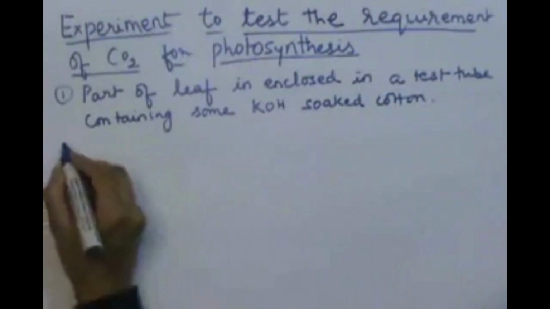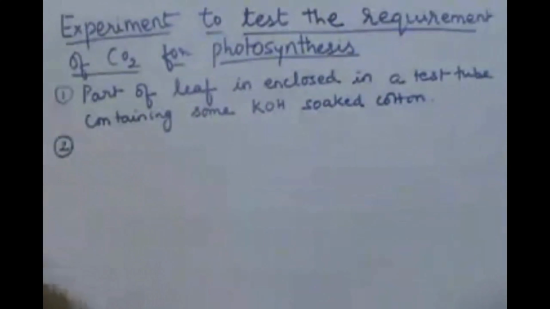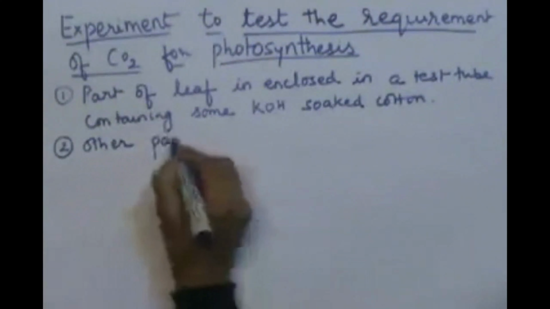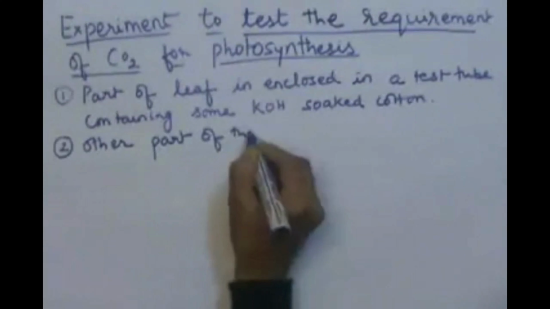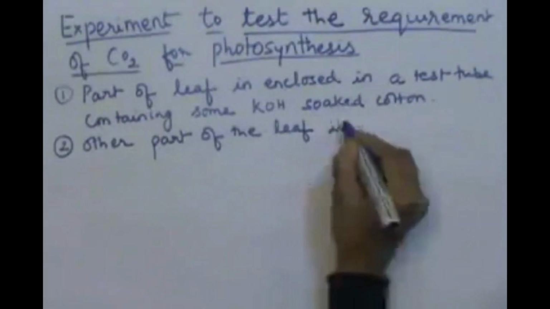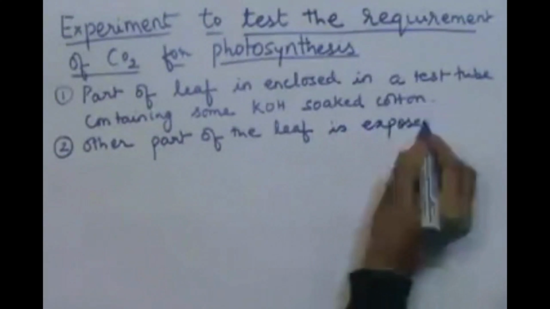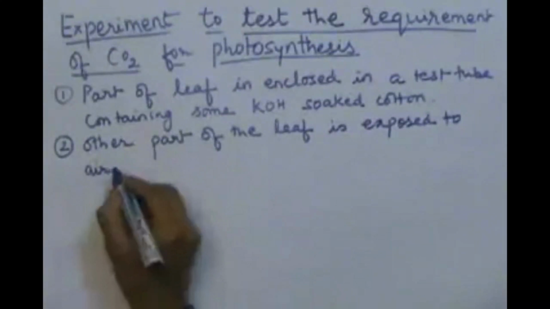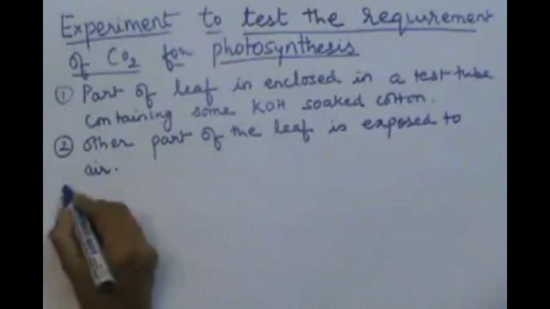KOH helps in absorbing the carbon dioxide present in the test tube, while the other part of the leaf is exposed to air. That means one part is inside the test tube, other is exposed to air.